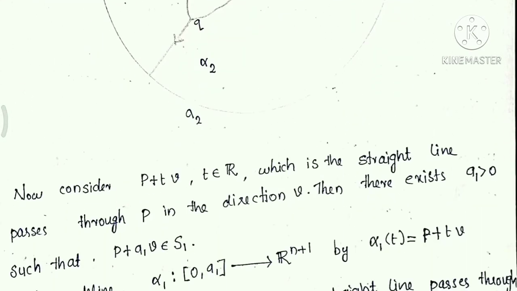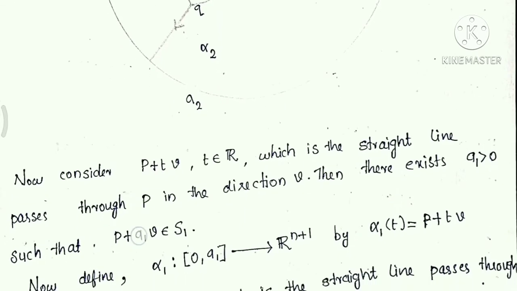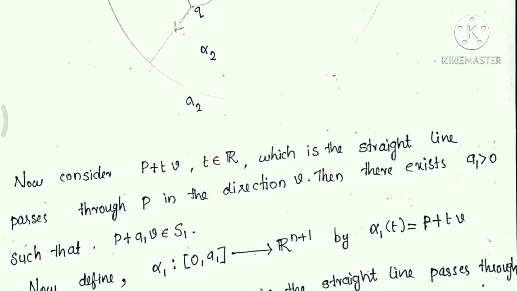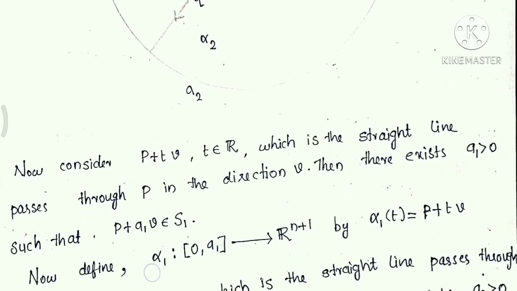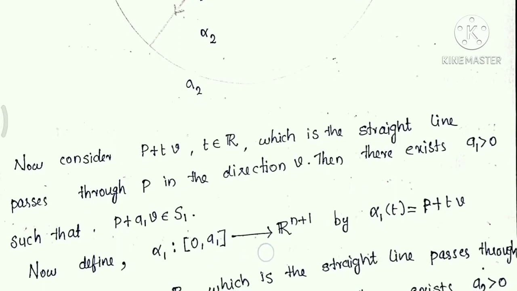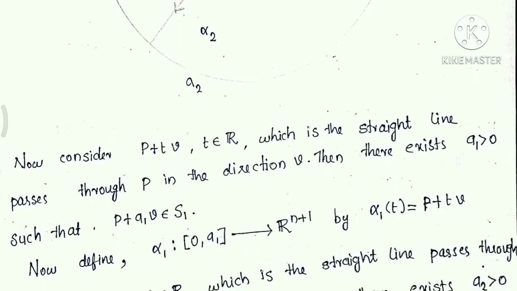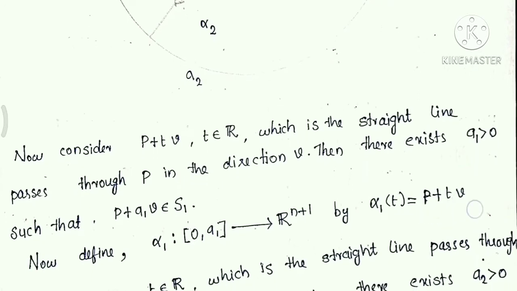That is, there exists A1 greater than 0 such that P plus A1V belongs to S1. Now define alpha 1 from 0, A1 to Rn plus 1 by alpha 1 of T is equal to P plus TV.